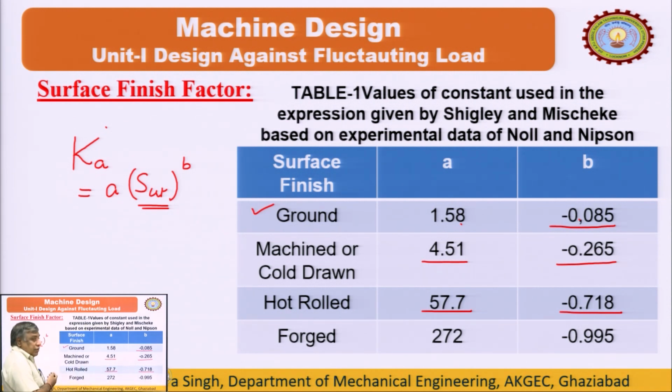If it is forged, then A is 272 and B is minus 0.995. Just put the values of A, B and SUT to decide the surface finish factor Ka. We also have various curves in our design books to use for our numerical and design problems.